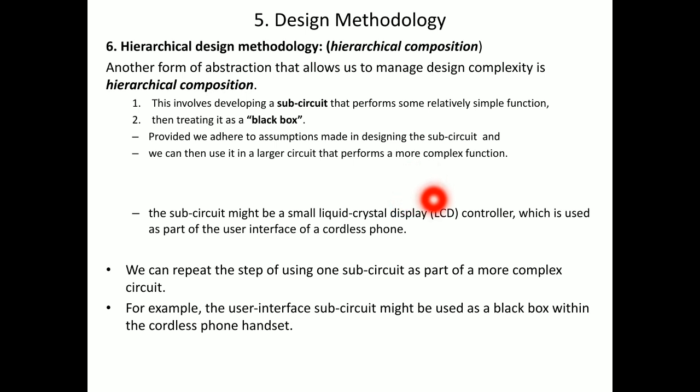The display is there, and to control the display we need a controller, the LCD controller. That is called a sub circuit. Similarly, for proper functionality of the keypad, we use a keypad controller, which will act as a sub circuit. This is an example of a sub circuit and black box.